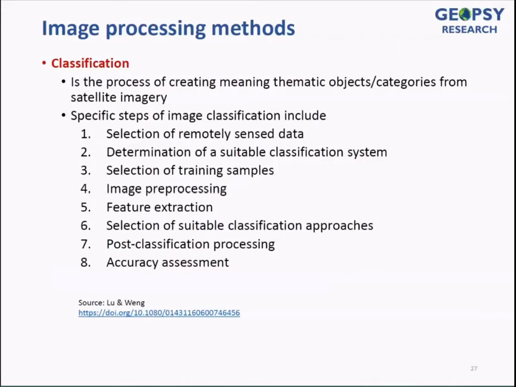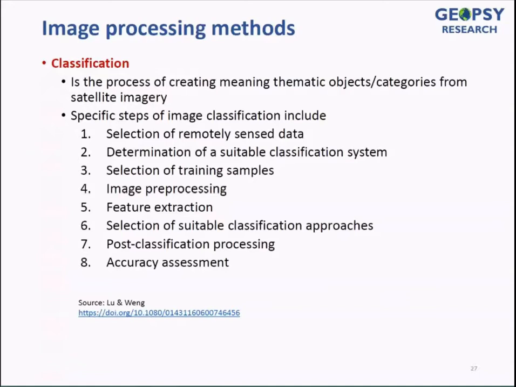Okay? If I have these, then I have to decide which of these bands will clearly give me vegetation. And sometimes I have to combine the bands and create other indices so that I'm able to accurately extract the features that I'm interested in. So this process of selecting bands or adding additional indices is what is called feature extraction.